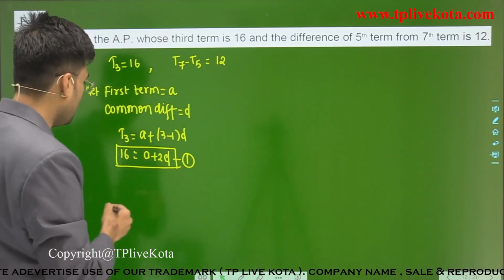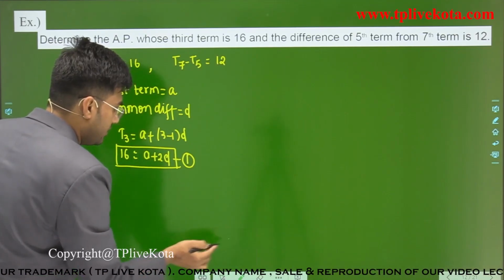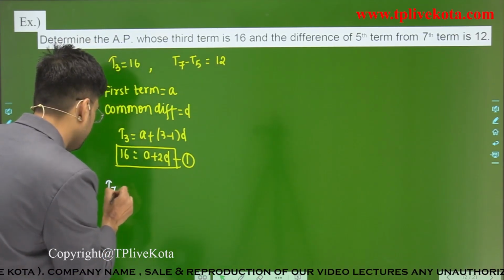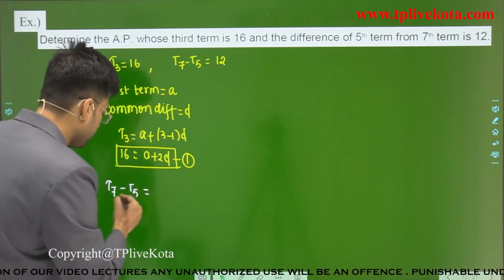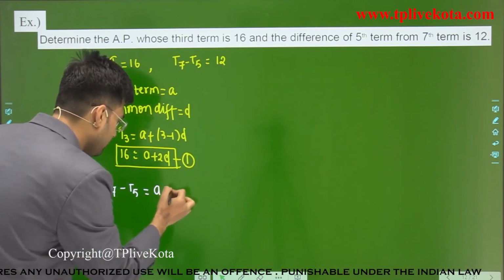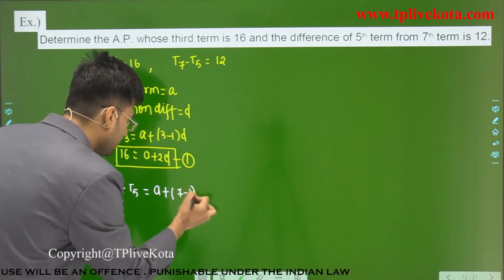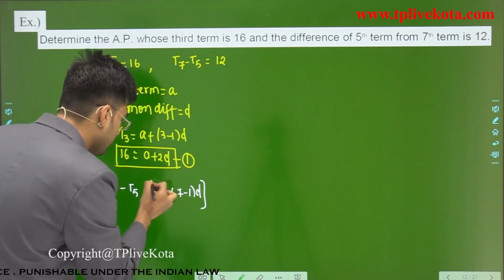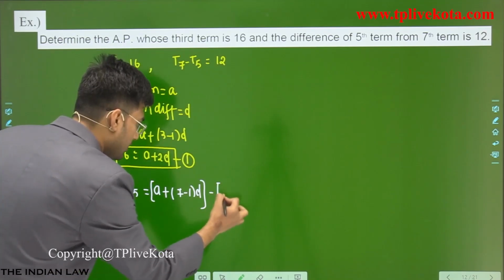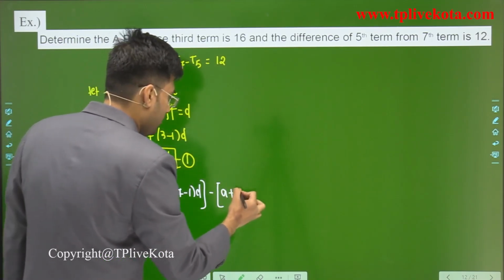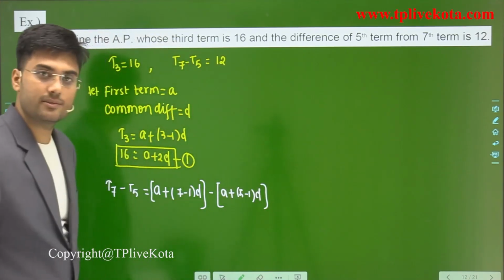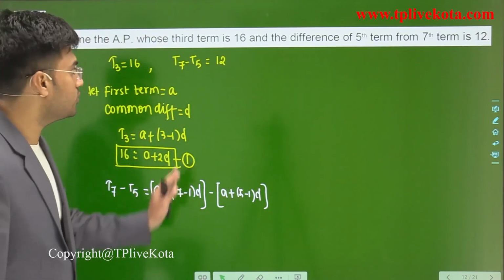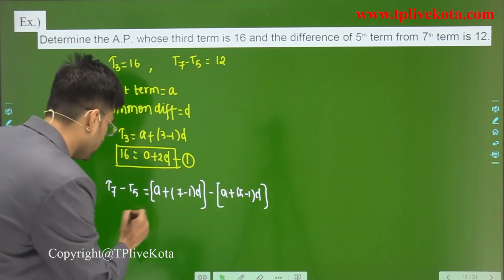Clear? So now let's find this difference. T7 minus T5 is equal to, first of all, T7 is a plus 7 minus 1 d, minus a plus 5 minus 1 multiplied by the common difference, and this difference is equal to 12.